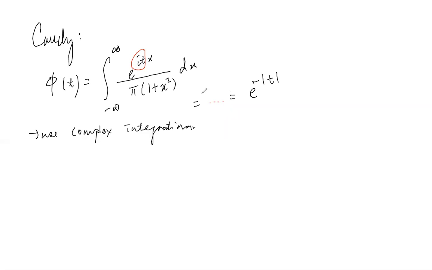For this course, if you want to check this, you can use Wolfram Alpha. I think all of you know Wolfram Alpha. It is a website where you can ask it to compute integrals and derivatives for checking.